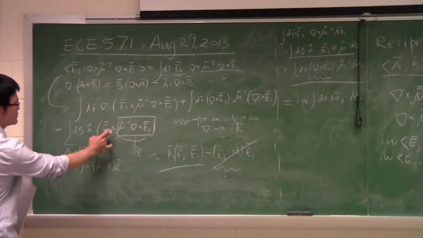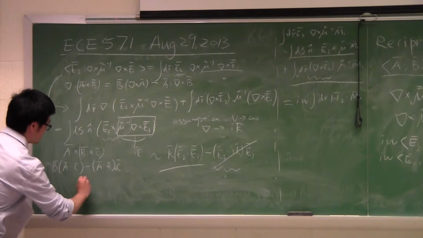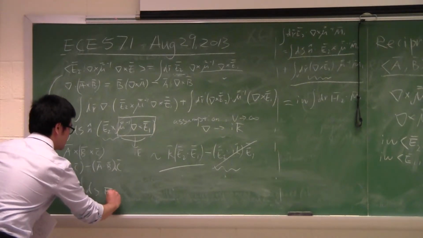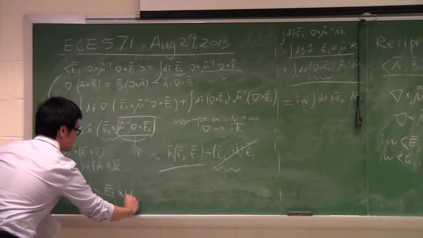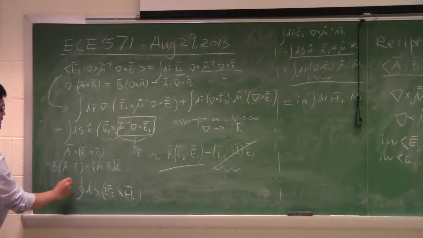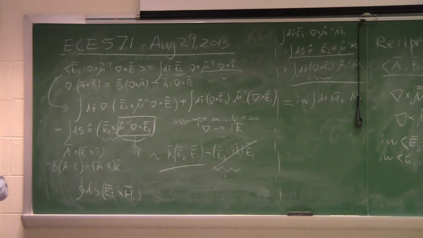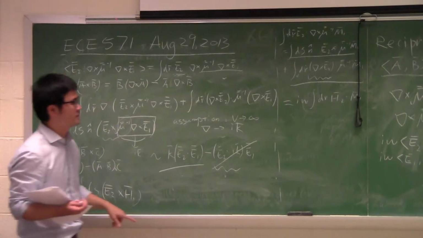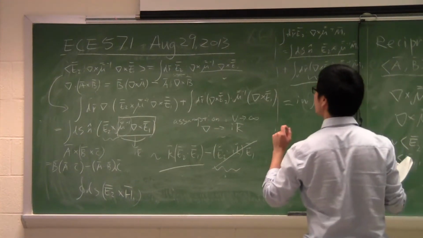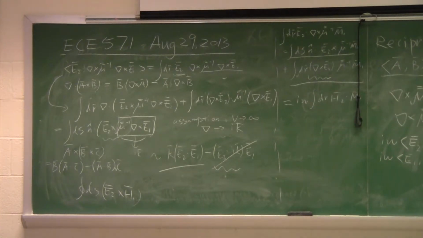So this simply becomes a surface integral of E2 cross H1 on this finite surface, if the volume is not big enough. And the other term coming from it here will give me another term of E1 and H2.